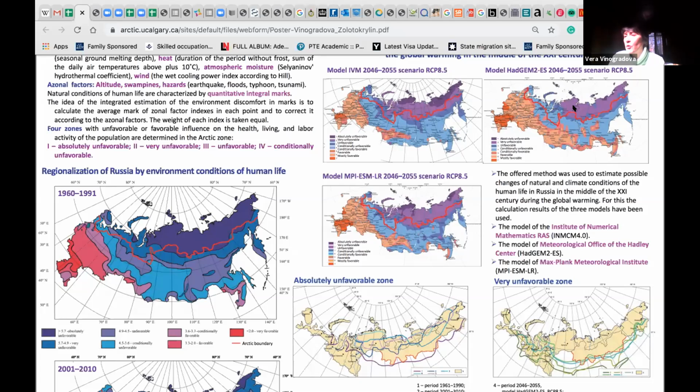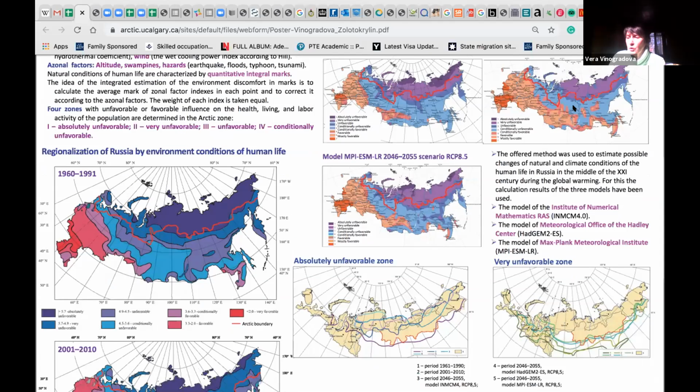The scale of the reduction was comparable to the changes of discomfort in the hard anthropogenic scenario for the period 2046-2055. The boundary of the absolutely unfavorable zone has the maximum deviation.